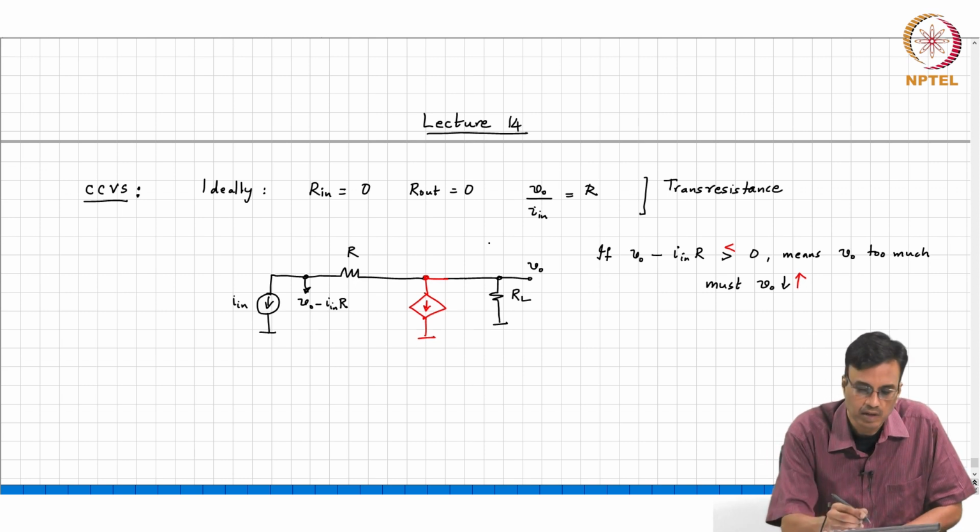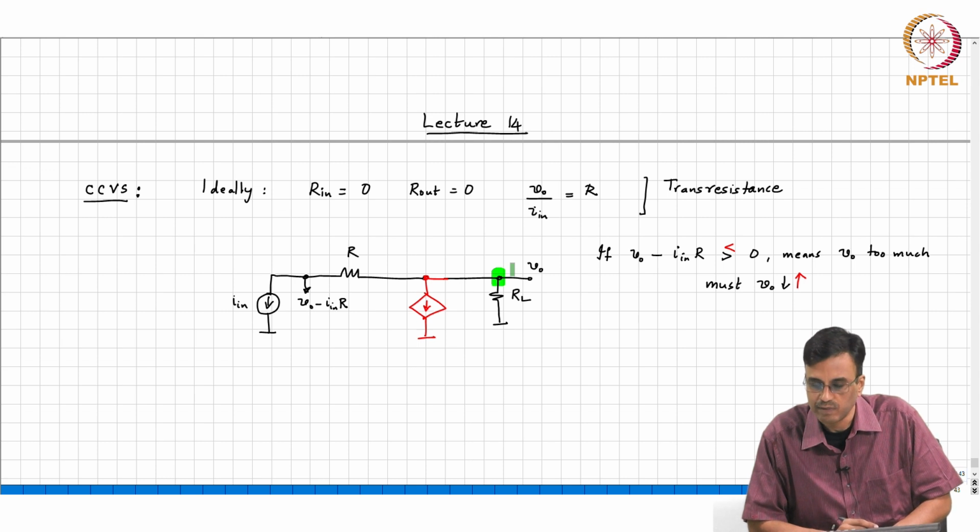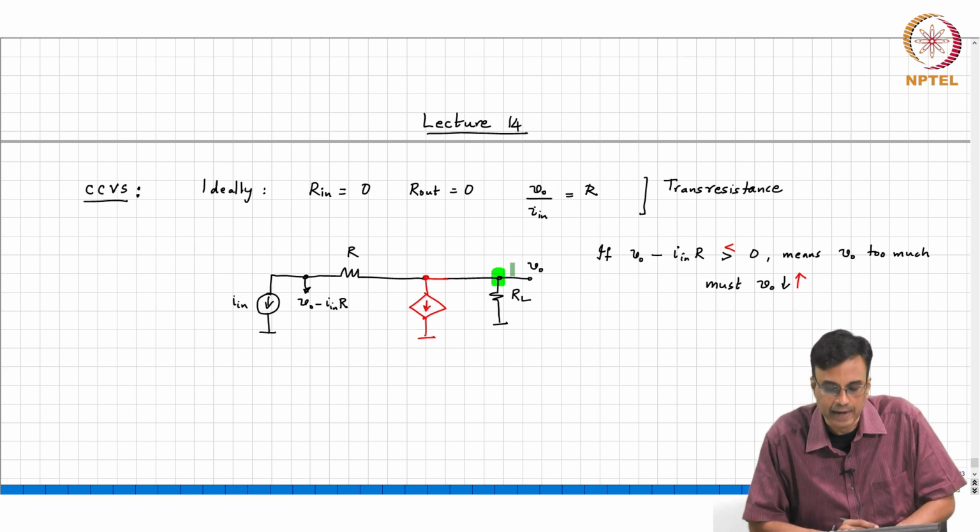And the idea is very straightforward. We have an output voltage V naught across load RL, and we want that to be equal to In times R. So, the basic idea, as we discussed yesterday, was to compare this quantity V naught minus In times R with 0 and use negative feedback to kick V naught in the right direction.